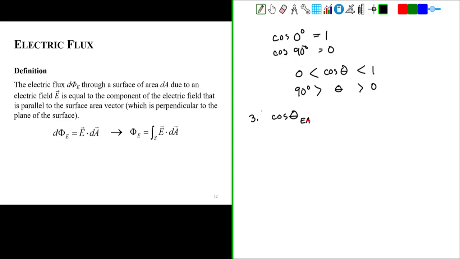So when we say that the electric flux is proportional to the number of field lines crossing through a surface, the number of field lines that cross through the surface depends on the magnitude of the electric field, the size of the surface, and the cosine of the angle between the electric field and the surface. And this is why we can define electric flux as the surface integral of the electric field.